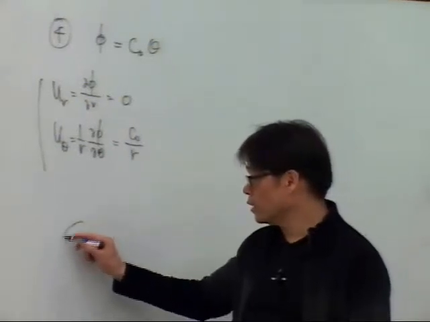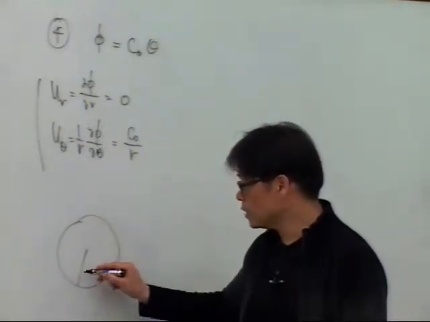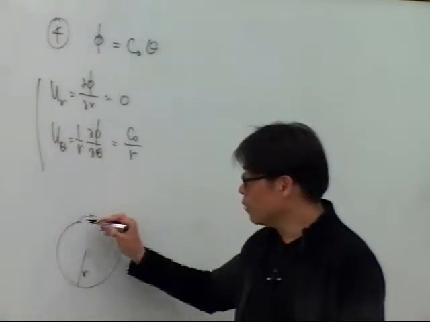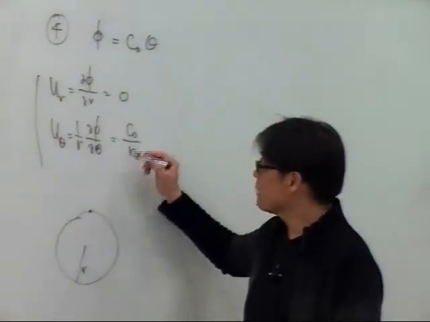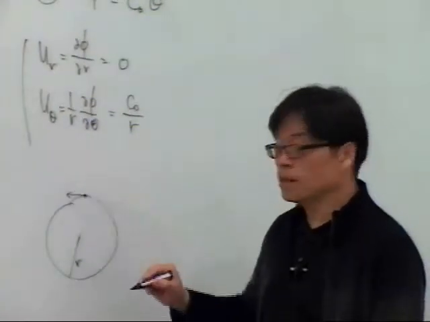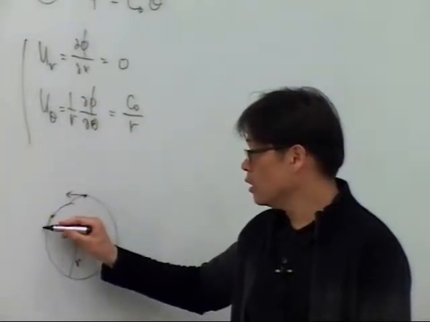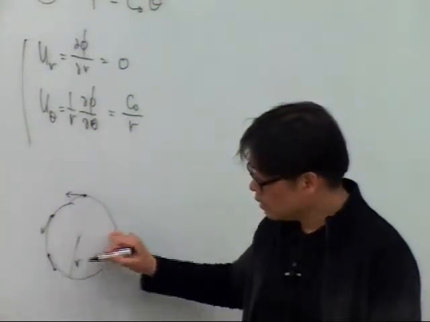When I draw a circle whose radius is r, and look at a point, I have a velocity which moves like this.